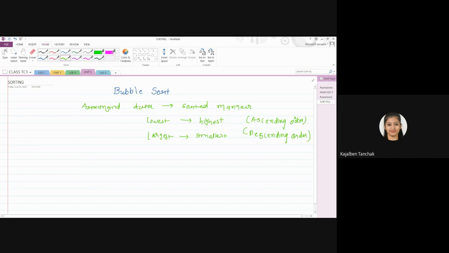So in bubble sort, we are going to compare two adjacent elements at a time from the array. If you find that the first element is greater than the second element, then we are going to change their position. We repeat this until the entire array is sorted. This is how the algorithm works.